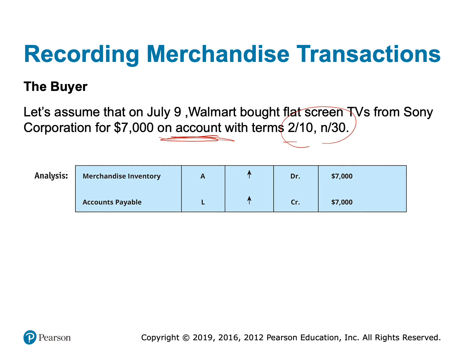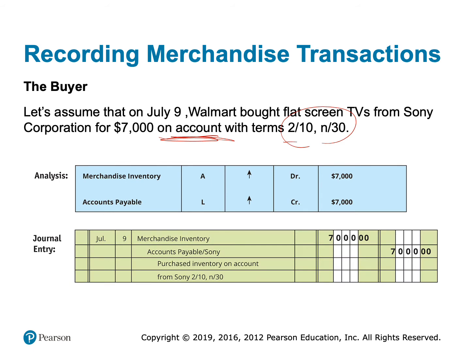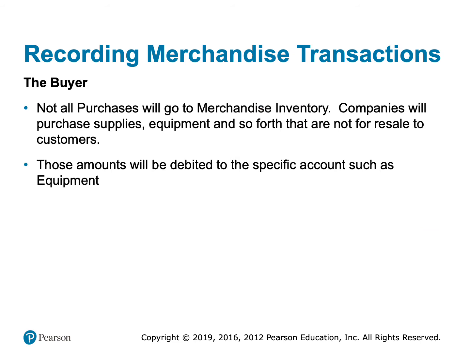So we are going to do a journal entry where we debit inventory, credit accounts payable for $7,000 because that's how much we owe for this inventory. And we bought it on account, and anytime we are purchasing something, remember it's accounts payable. So we've increased our asset, we've increased our liability. We still need to talk about this 2/10 net 30.